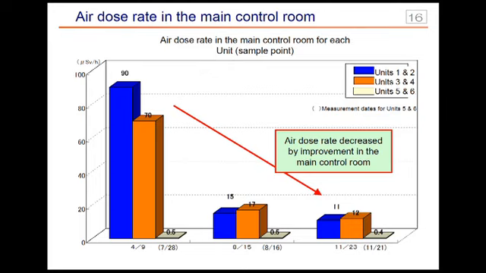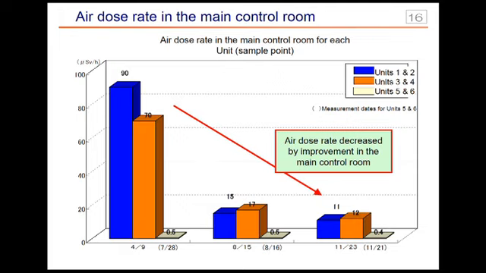It was a situation where it was a little high, but the local air exhaust ventilator then placed the lead shelter on the window side from March 31st.